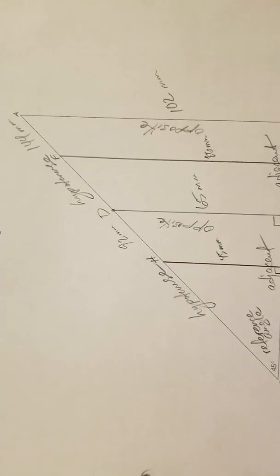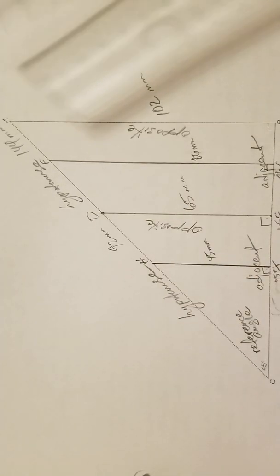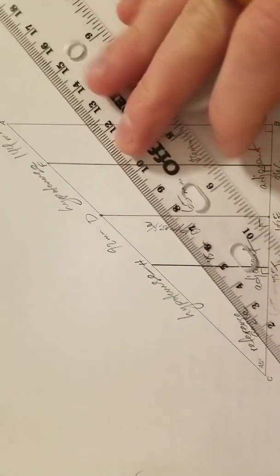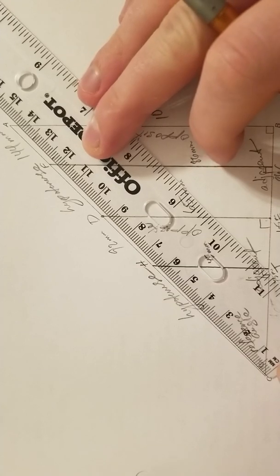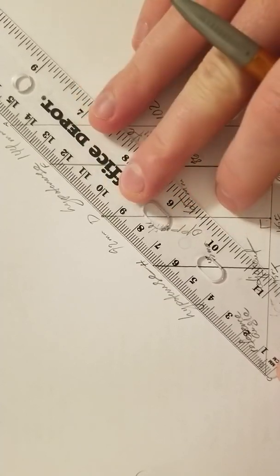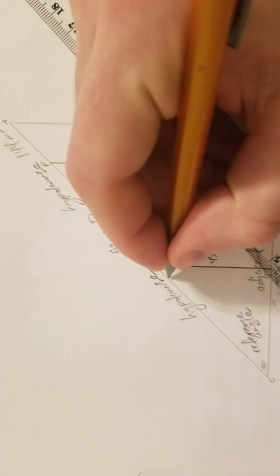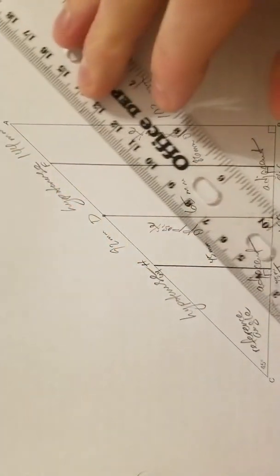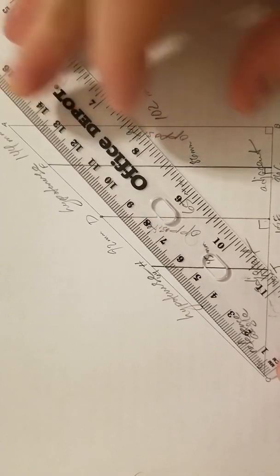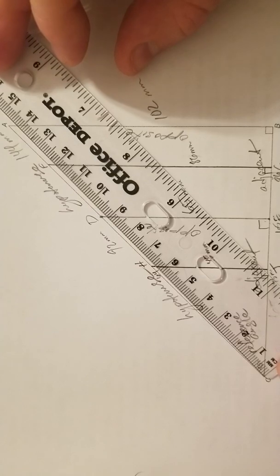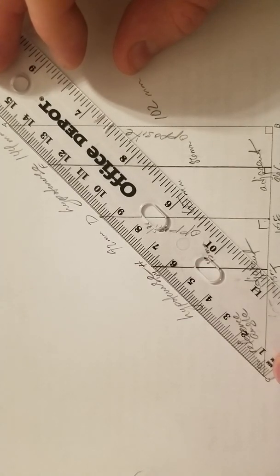And now let's measure these hypotenuses. Okay, so I already know that the long one is 144, and I already know that this one is 92, so let's get these other two. Let's see, I'm getting 64 for this one. And then for CF, this looks like it's about 122.